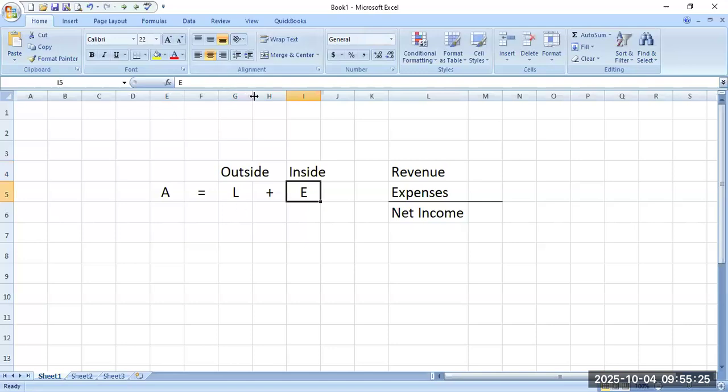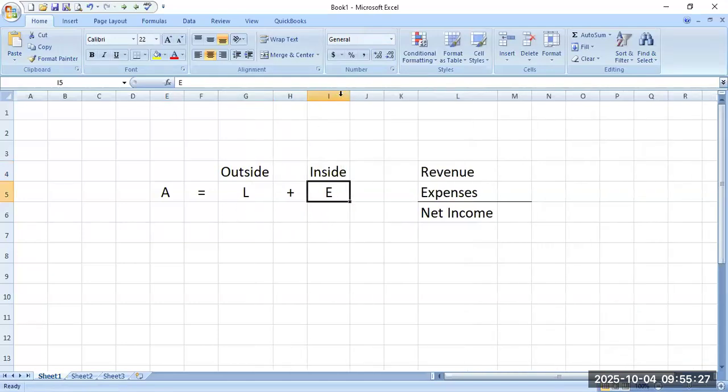The outside liability is created for something that company done during the operation of the company, and they owe money to the people outside of the company. But the company also owes money to the people who are inside of the company, which in this case are the shareholders, correct? So every time when the company generates income, that income is going to be kept in the company as long as the shareholders don't want money.